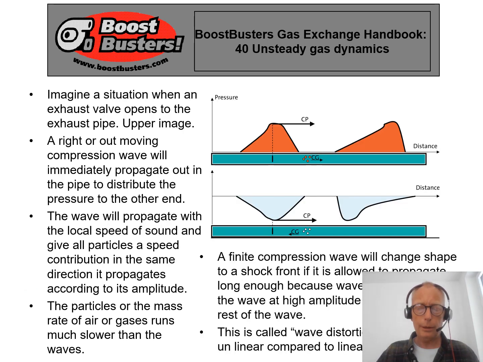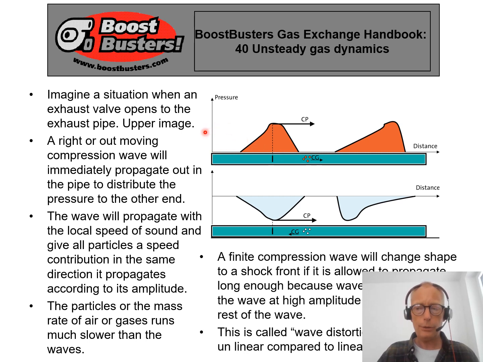To understand a little bit more about pressure wave mechanics, we are trying to imagine a situation when an exhaust valve is opening, connected to an exhaust pipe. Please have a look at the upper part of this picture. What will happen then is that a compression wave, an over pressure, is transmitted into the exhaust pipe.